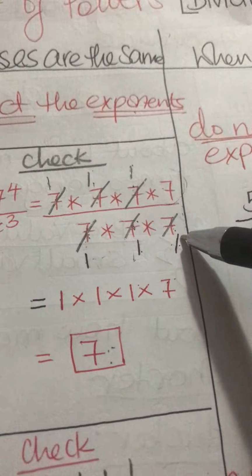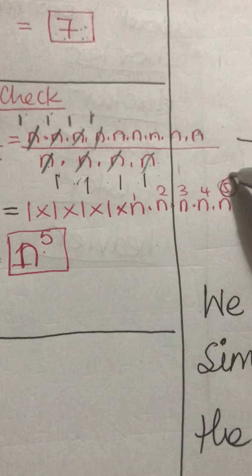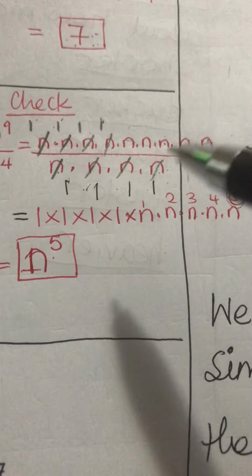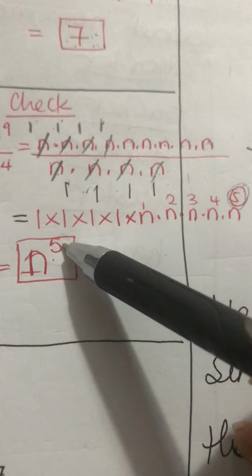I don't need to write it in the denominator. In the numerator, I am left with 1 times 1 times 1 times 1 times n times n times n times n times n. These n's over here are 5 because I counted. So my last count is 5. That is my exponent. All right, let us do this one.